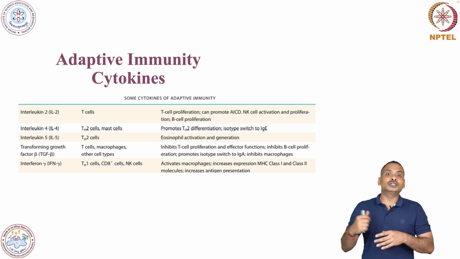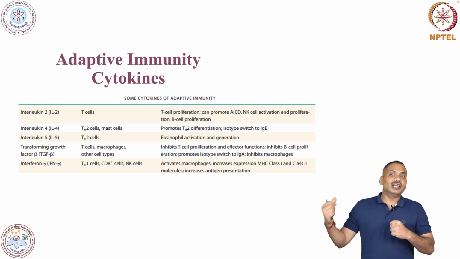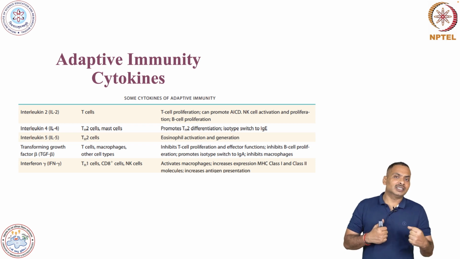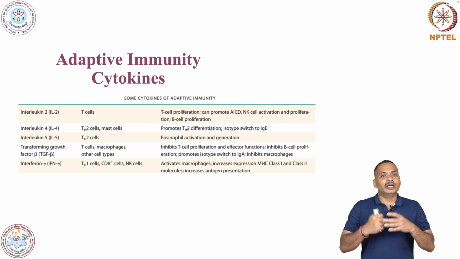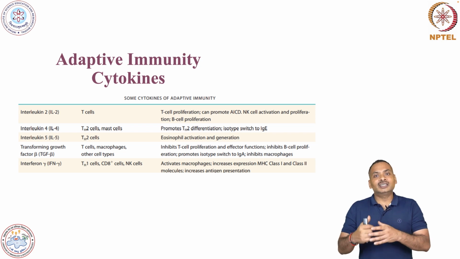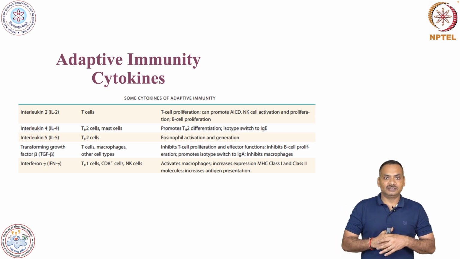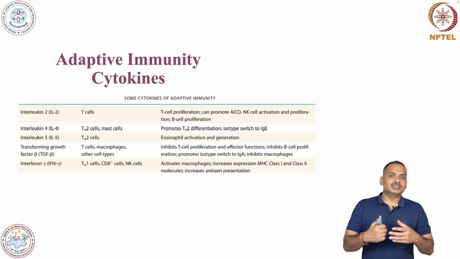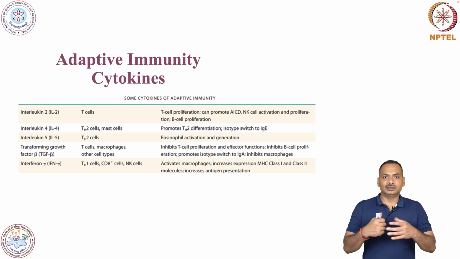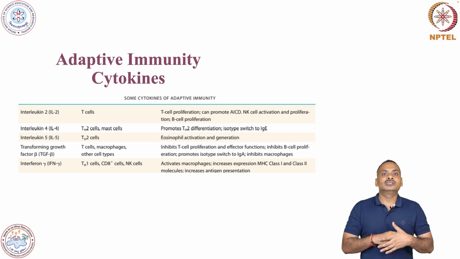There will be a ligand for these adhesion molecules on the T cells. Okay. And then collectively there will be an appropriate activation, and then these T cells will get activated. Okay. So, for all those things there is a need for appropriate adaptive immune cytokines.